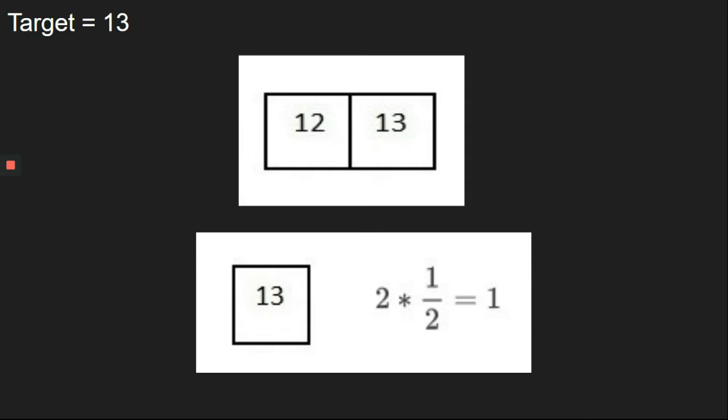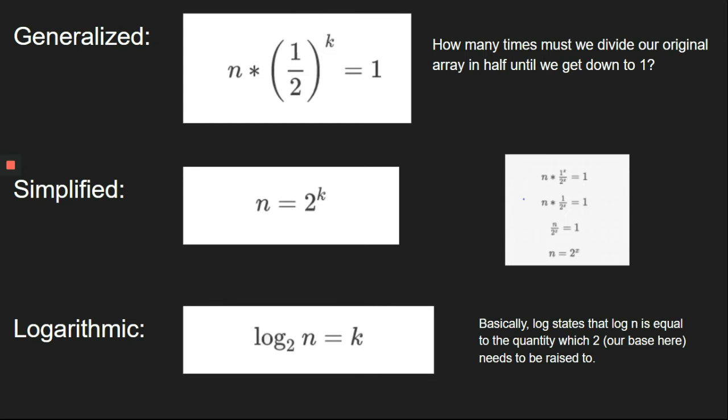And that's that. Now to generalize this formula that we use to split our array, we can say that n is the number of elements and k is the number of steps used to complete the splits. So this is saying, how many halves or splits are there? How many times must we divide our original array in half until we get to 1?